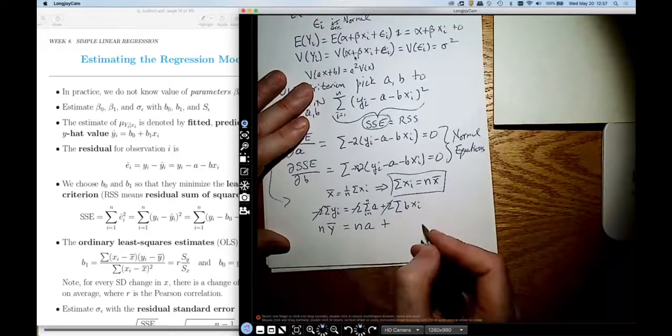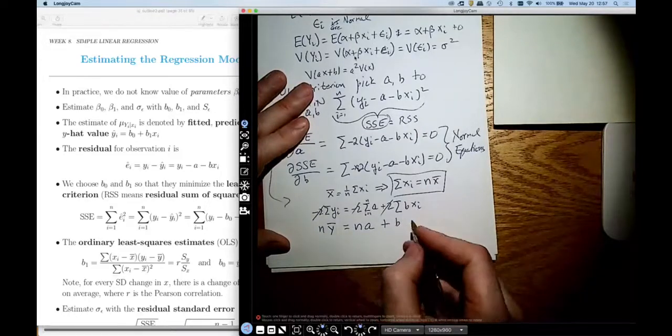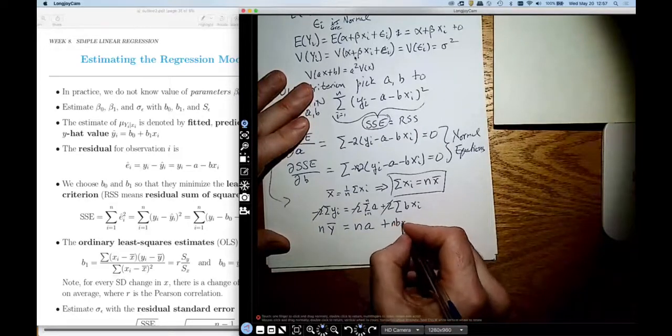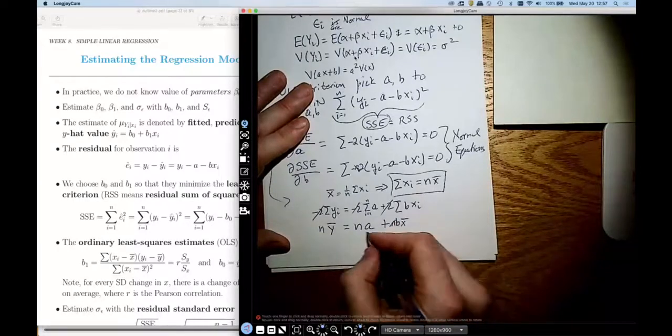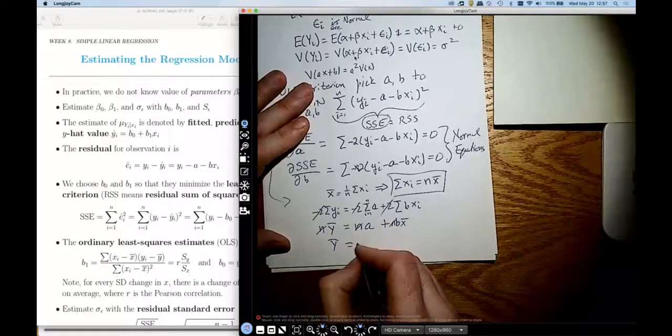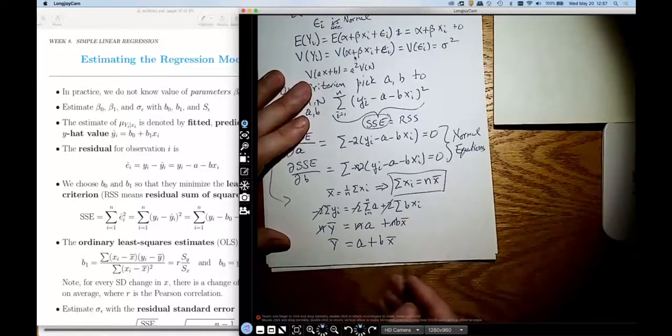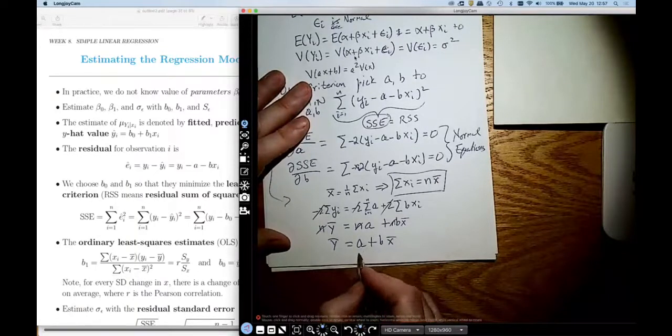Well, what I have here is b times n x bar. So n x bar, and so my n's all cross out, and I'm just left with y bar is equal to a plus b times x bar. And so I have one equation now with my 2 unknowns. Just as a reminder, here are my 2 unknowns.